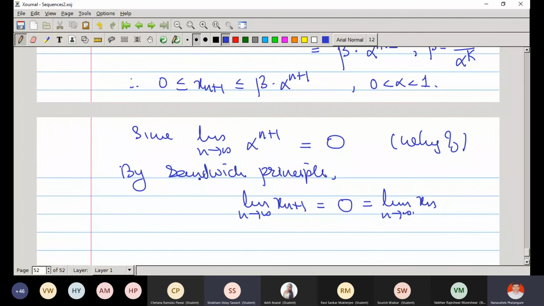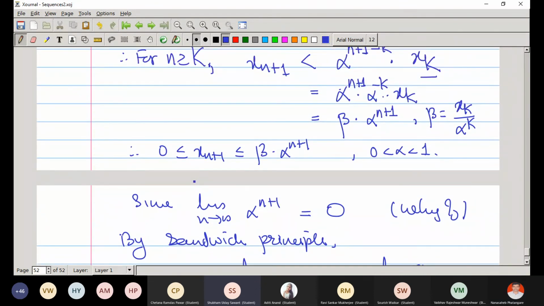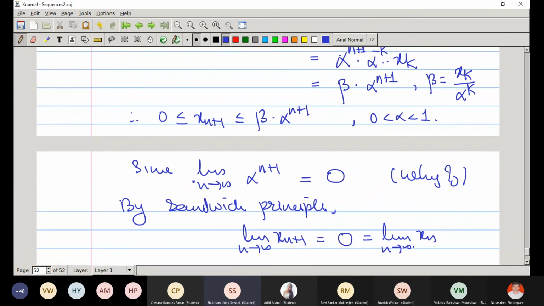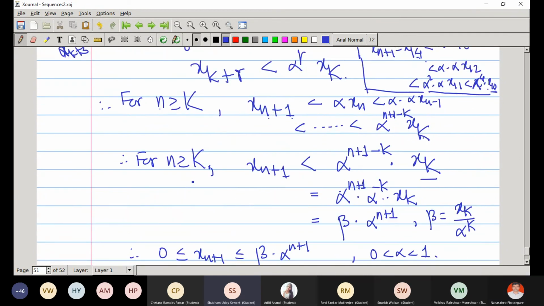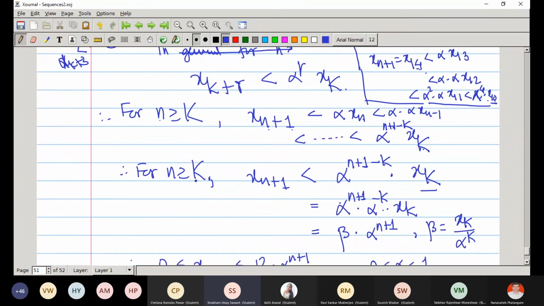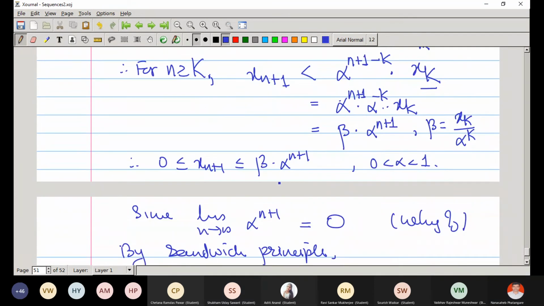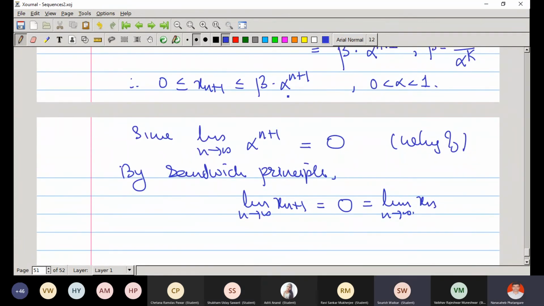Sir, can we directly prove that xn plus 1 is less than or equal to xn for n greater than k? Then it would be a decreasing sequence for n greater than or equal to k. So the limit would be 0. That is what we have used here actually, right?